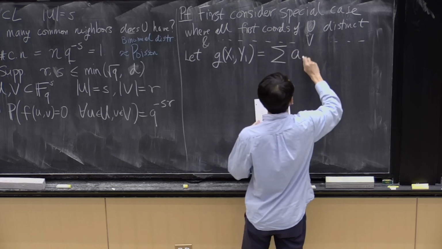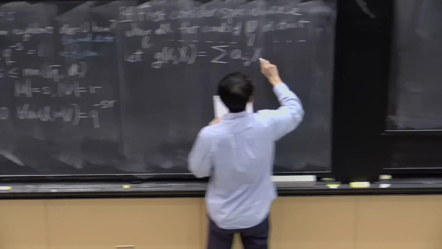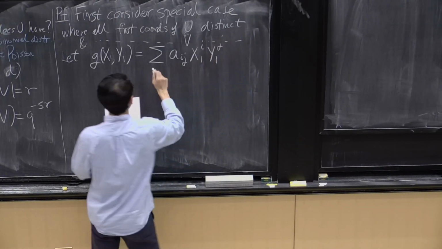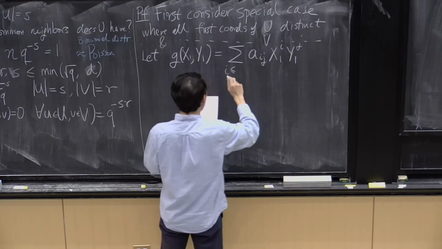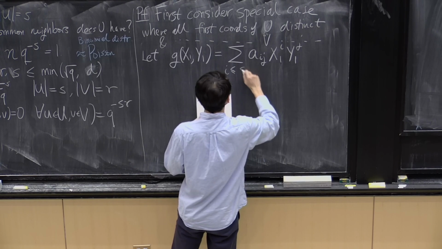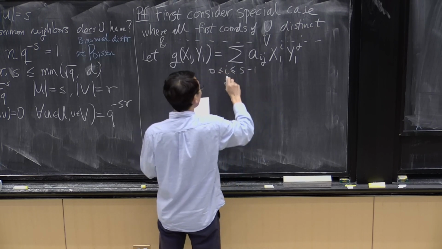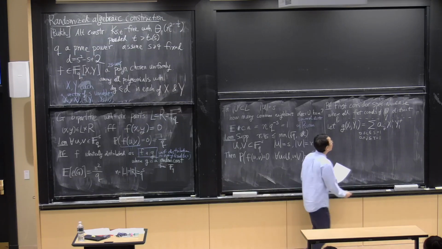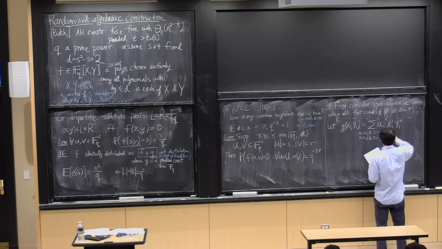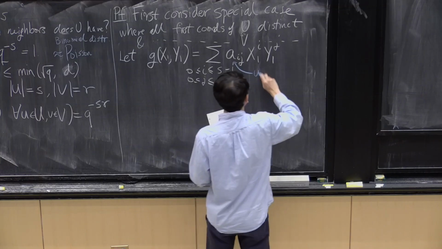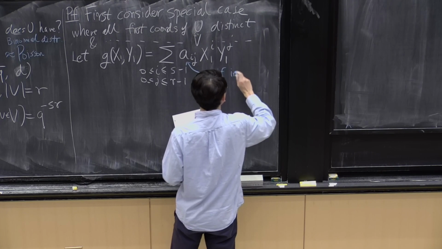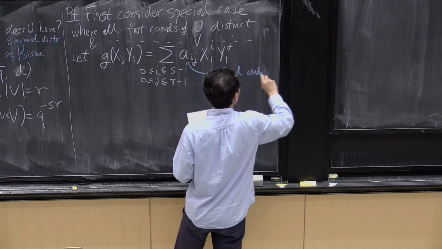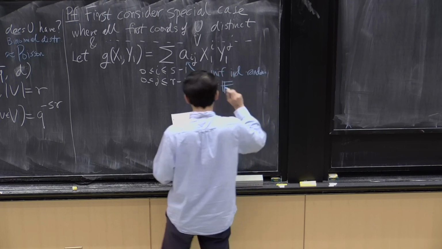I look at all possible sums of monomials where the degree in i is less than s, and the degree in j is less than r. And these a's are chosen uniformly, independently at random from the ground field F_q.